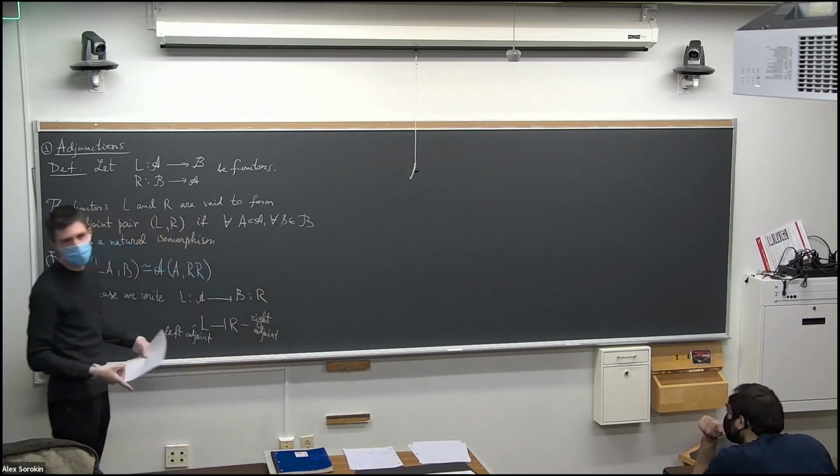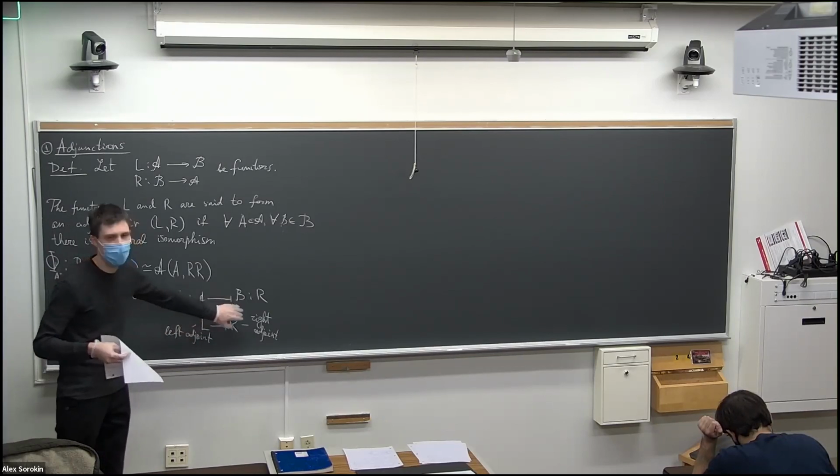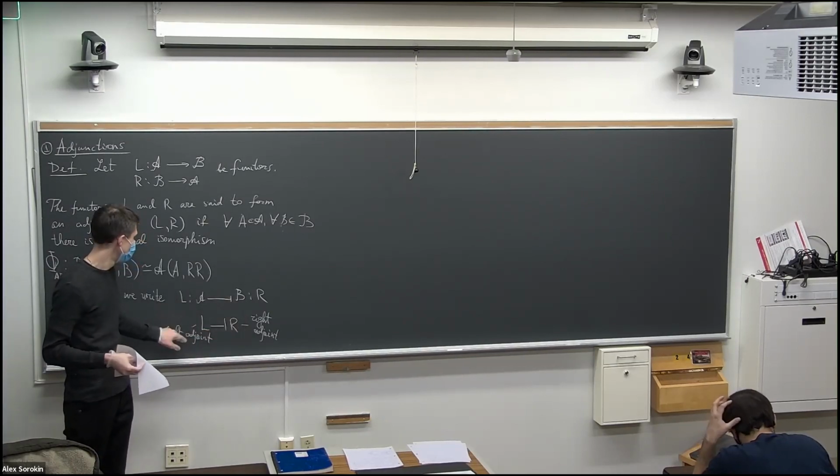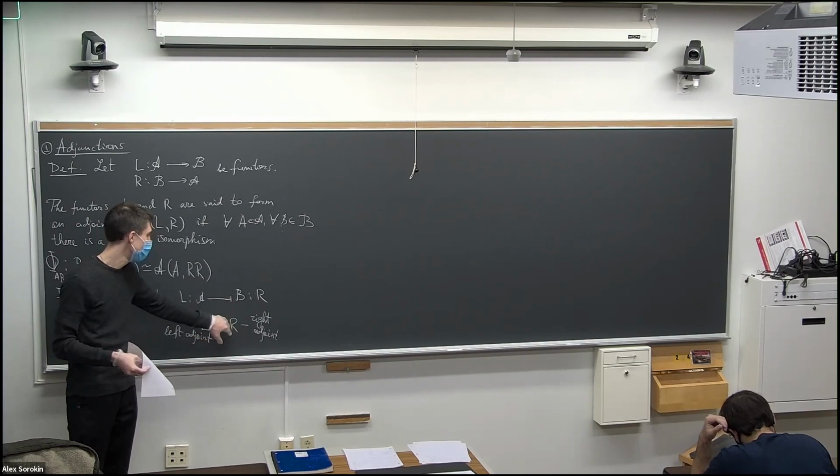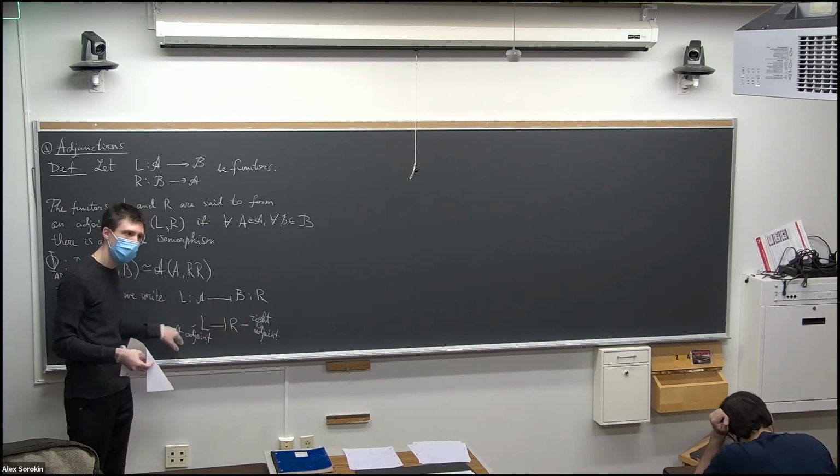Or we can say that functor L has a right adjoint R, and R, being the right adjoint of L, has the left adjoint L, and so on.